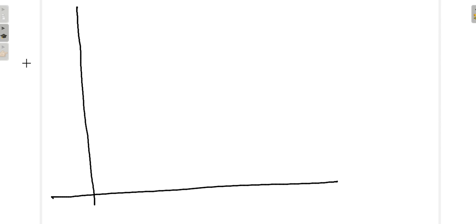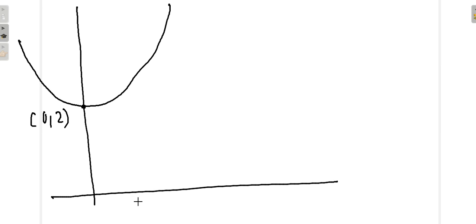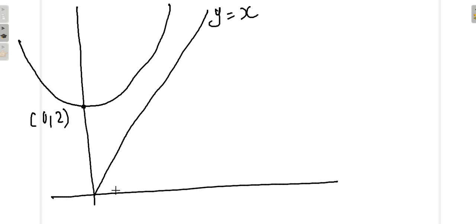We have a situation x square equal to y minus 2, which is a curve like this. The line y equal to x never meets it. So this is the line y equal to x. X equal to 0 is the y axis, which is this. And x equal to 3.